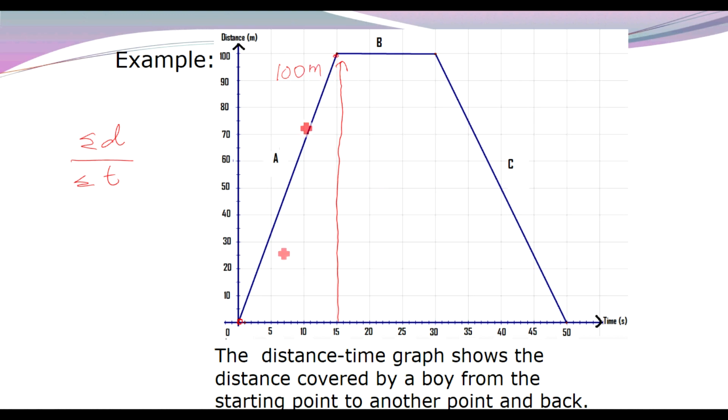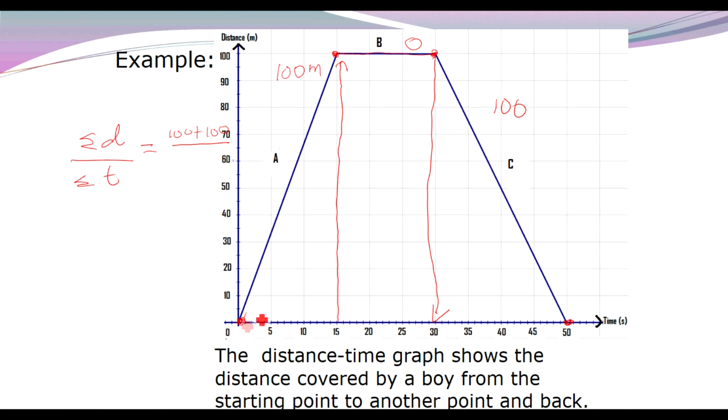From this point to this point, 100 to 100, not moving, so 0 meter. From this point to this point, going down, the distance is also 100. So the total distance is 100 plus 100.